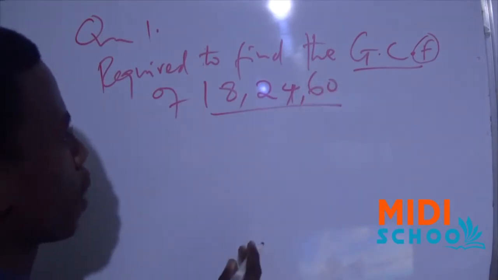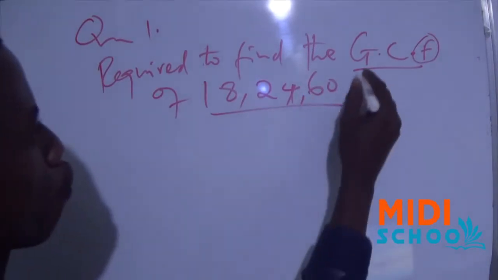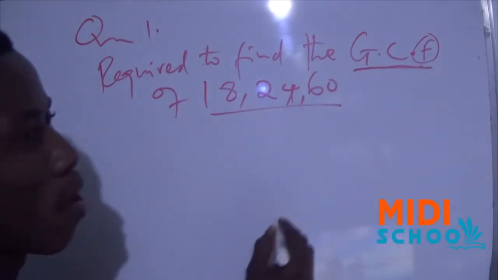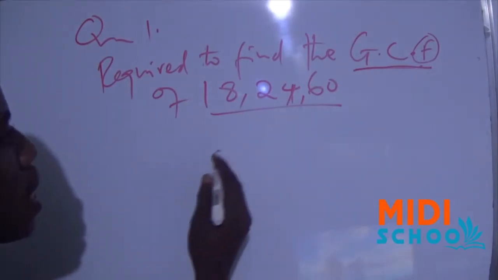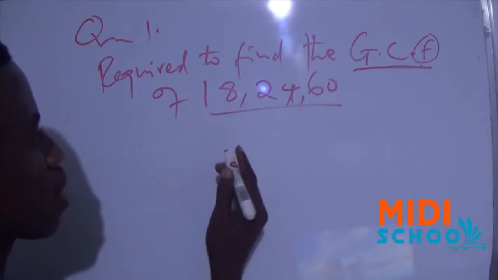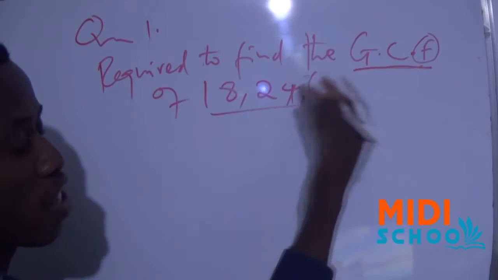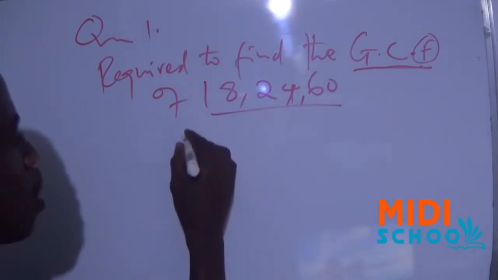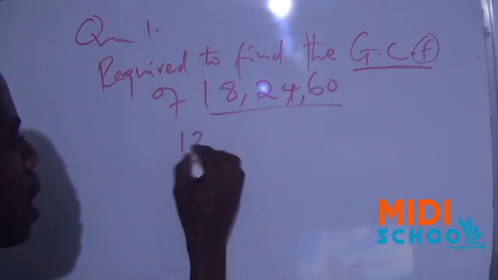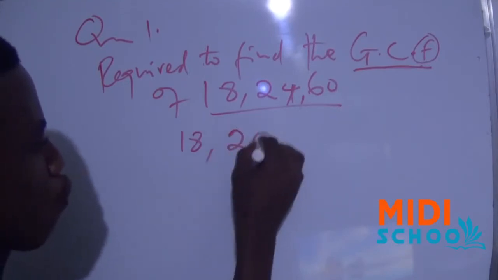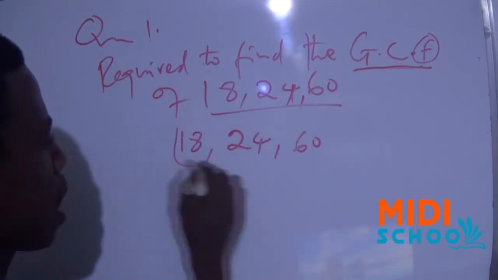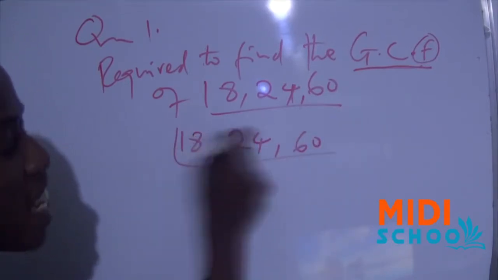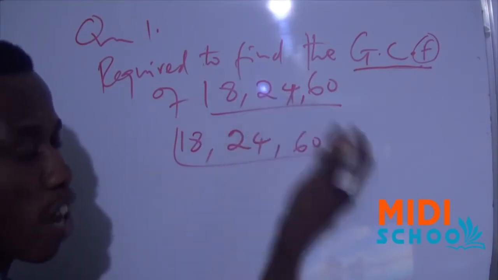The simplest method is just to use the prime factorization of these three numbers. So we have 18, 24, and 60, and we are going to divide these numbers by prime factors.